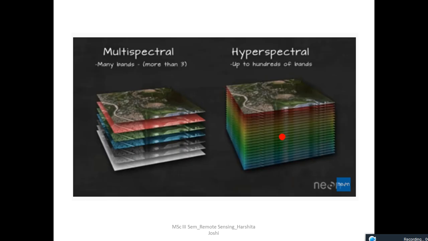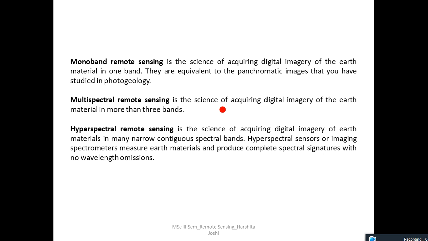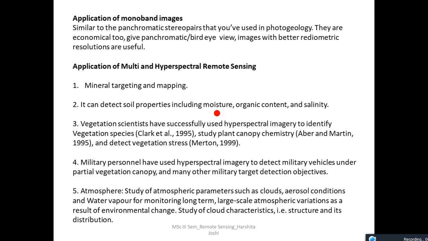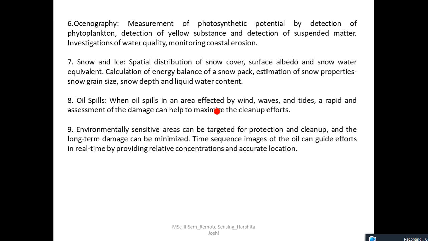So based on the bands, we are understanding the spectral resolution, so we can use the word spectral instead of band. So we speak about monoband or monospectral remote sensing, multiband or multispectral remote sensing, hyperband or hyperspectral remote sensing. Okay, so we understood the definitions also, and then we tried differentiating how the number of bands and the narrowness of the band is used to differentiate between multispectral and hyperspectral remote sensing, and then we understood the applications.